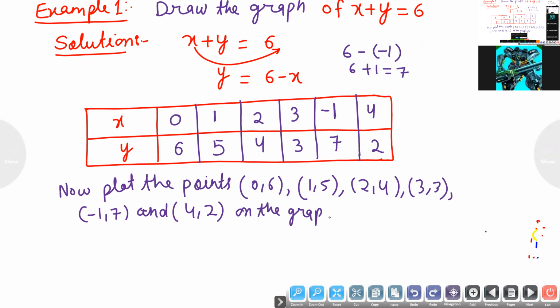If you have graph paper, you can draw on the graph paper. Otherwise, you can draw normally in the notebook, no problem.